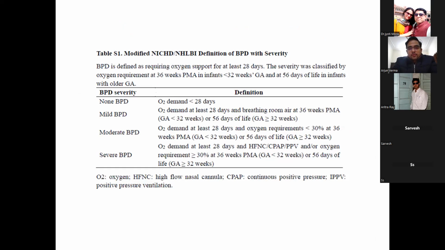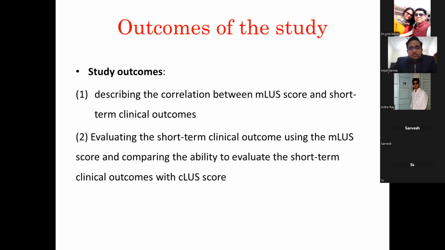I know many of you must be wondering, this is the old classification of BPD that was used in 2000 and built up in 2001. And nowadays the Jensen's classification is being used, physiological based BPD definitions are being brought up, and NICHD 2018. But that was the major drawback of this study, where they used only the 2001 BPD severity.